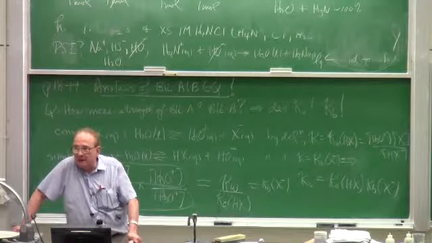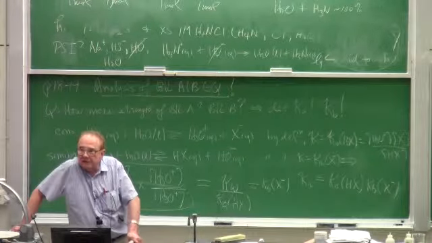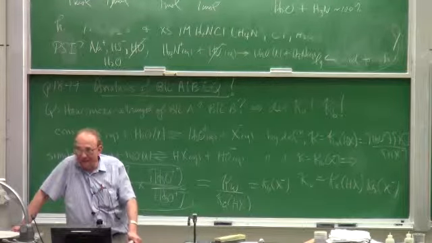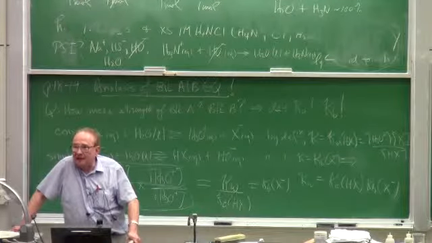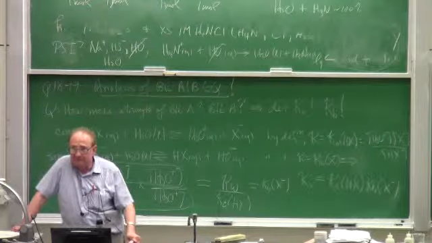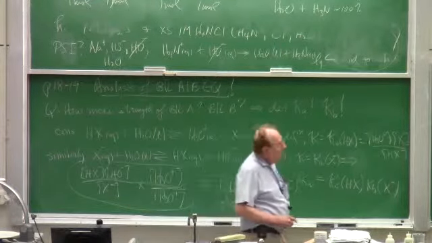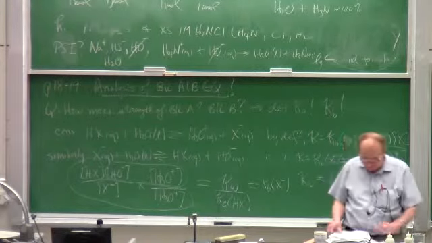So now do you see why in our acid base table it has not been necessary to give you Kb values? Because now you can calculate them, right? As long as you get the Ka value for the conjugate acid of any base in our table, you can calculate its Kb value. That's all there is to it. So with that, let's take a look at questions 12, 13, and 14.